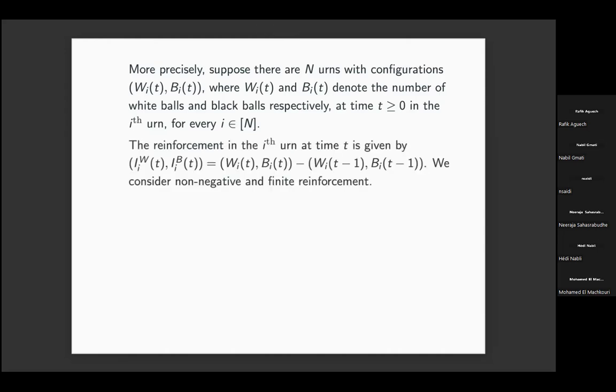What I mean by this interaction is that the number of balls that you are adding at time t, which here is my I_{i,W} and I_{i,B}, is going to depend on other urns as well. And like I had mentioned earlier, we are only going to add balls to the urn, so this reinforcement is non-negative and finite.